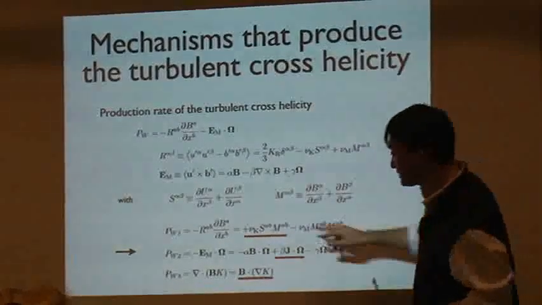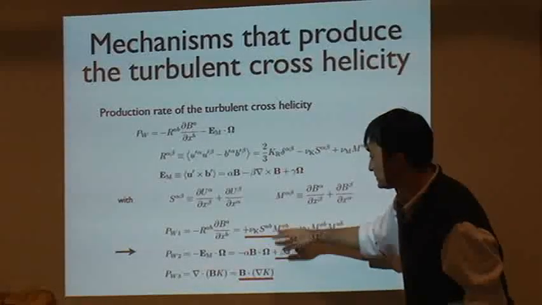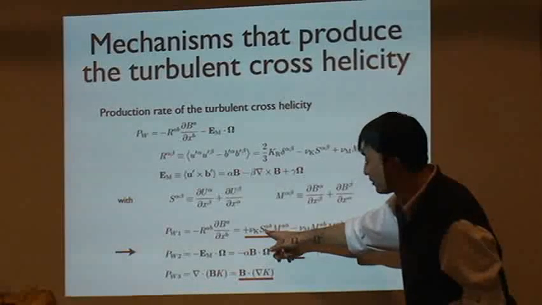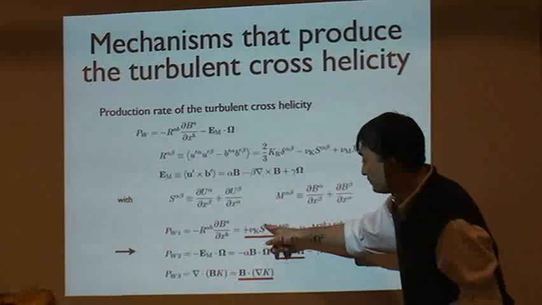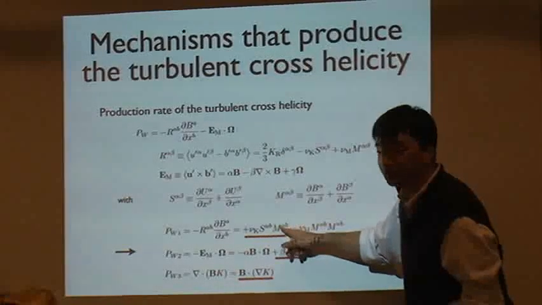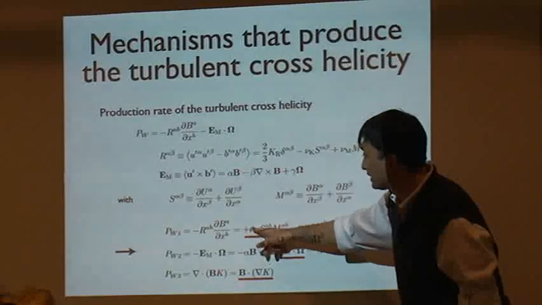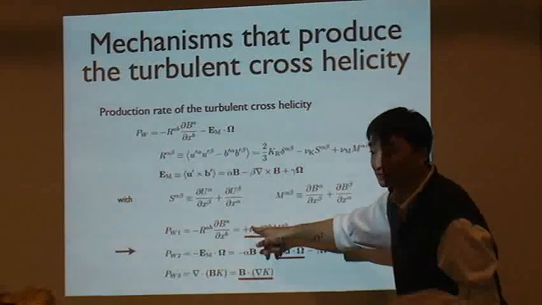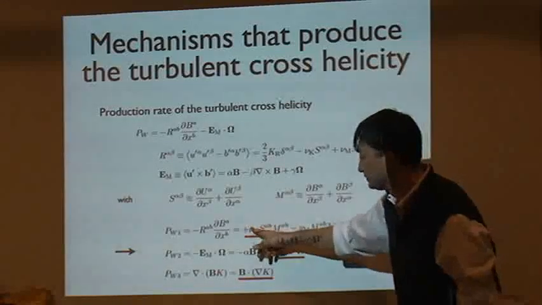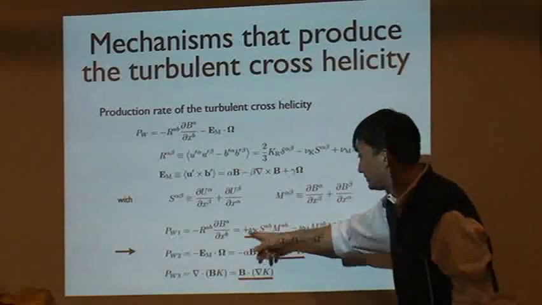And as I mentioned, this term is very important to produce cross-density. This is a coupling of mean velocity shear with mean magnetic shear. Okay, nu K is almost the same as beta. So nu K, if we have turbulence, we always have positive nu K every time.